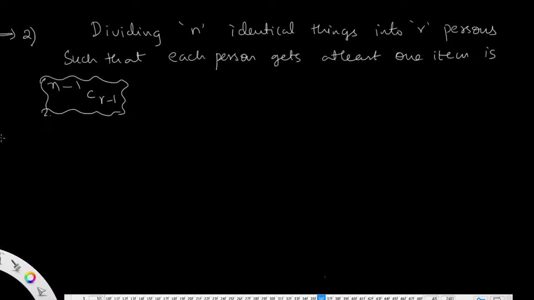The first question is like this: the number of ways in which 21 rupee coins can be distributed among 5 people such that each person gets at least 3 rupees is dash.